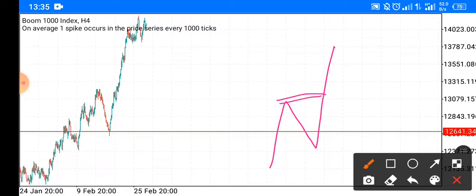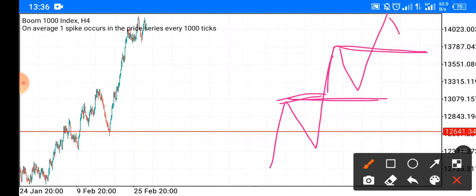So when price breaks a resistance, this level becomes a support level. When price retraces here, this level becomes a support level, because price is going to come back here and you are going to buy.